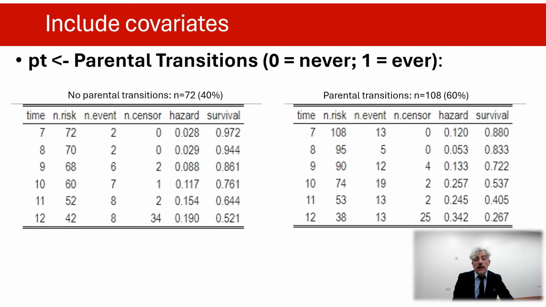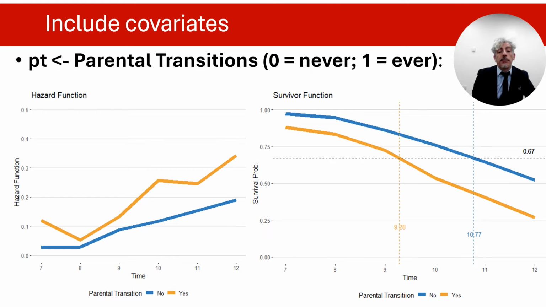A quick look at the tables can tell us that the risk of the event seems higher in the second group, and conversely the probability of surviving is lower in this group, in the group that experienced parental transitions. And here I have plotted the hazard function and the survival function for the two groups.